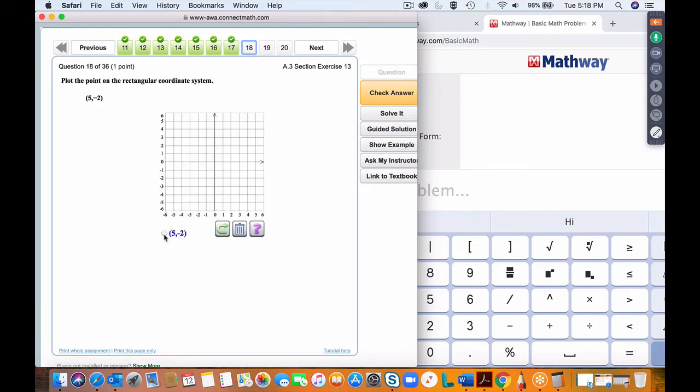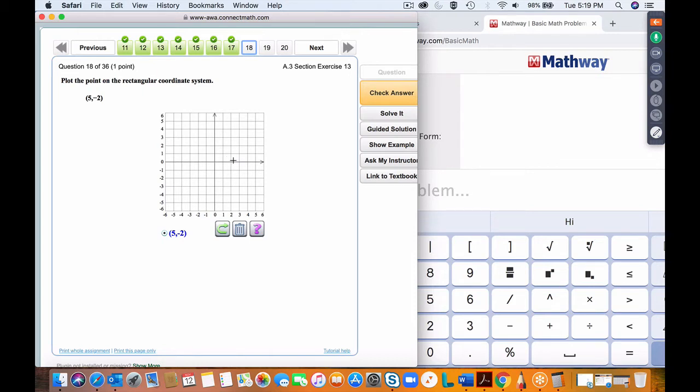Number 18 is just a plot. You have to click first the point, and then the first number is x and the second number is y. The y is up or down, the x is just right or left. If it is positive, it's to the right. If it is negative on the x, it's to the left. But if you are on the y and it's negative, it means down. If it is positive, it means up. So here we always start from the center, and we're looking for 5.